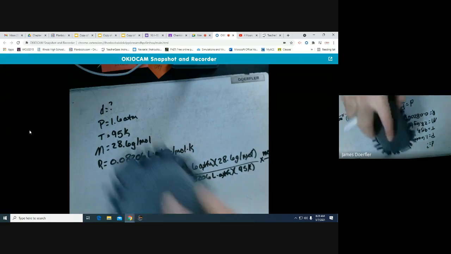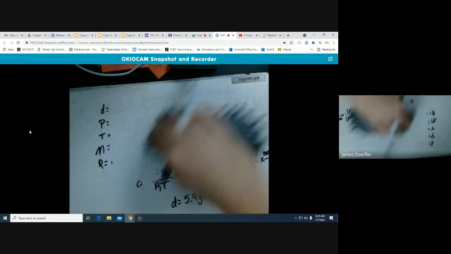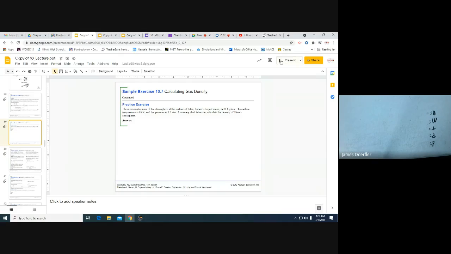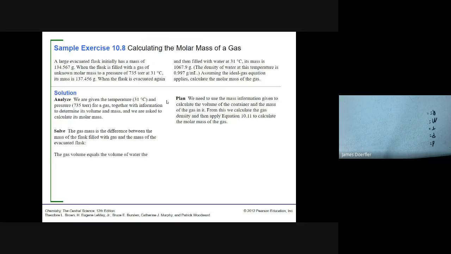Now let's look at how we can use dirt P to solve for another variable. So again, we're going to go to the next sample exercise 10.8.